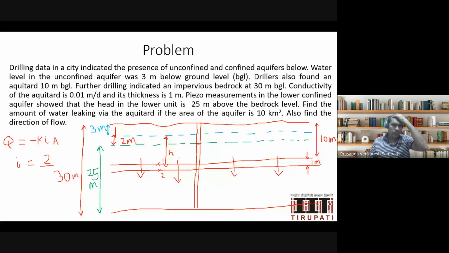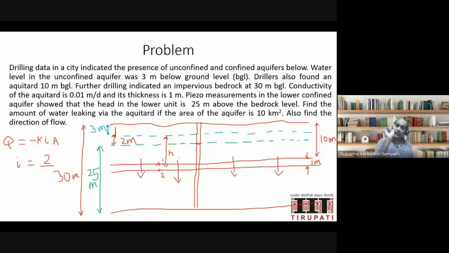It would be at a height of, I'm getting a brain freeze here, 20. It would be 20 meters up the bedrock. Is that right? I think, yeah. Point 1 will be 20 meters above the bedrock.